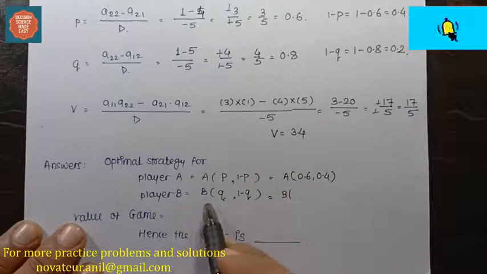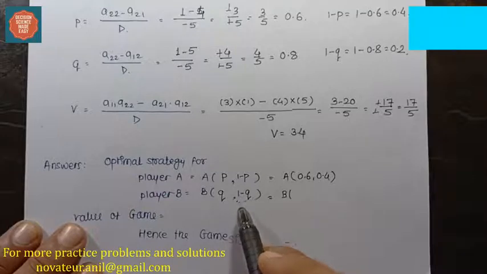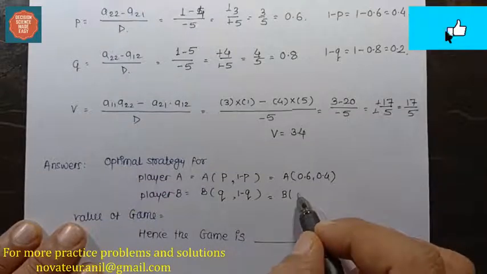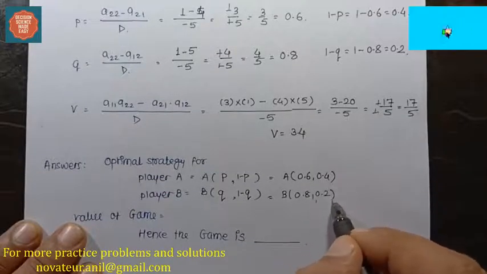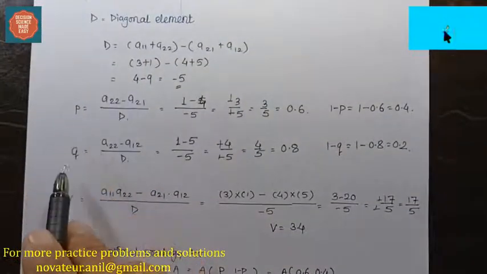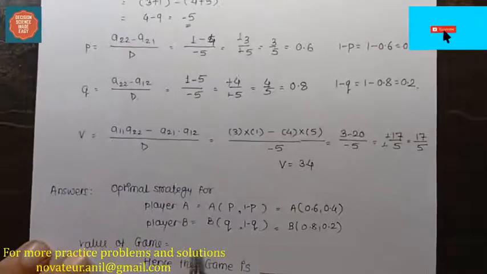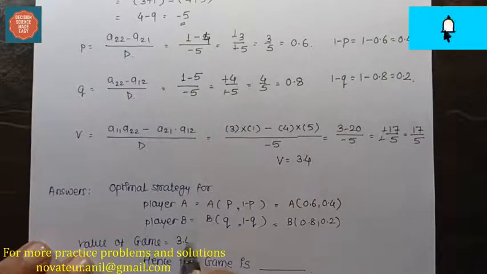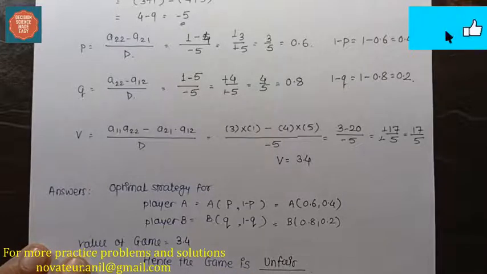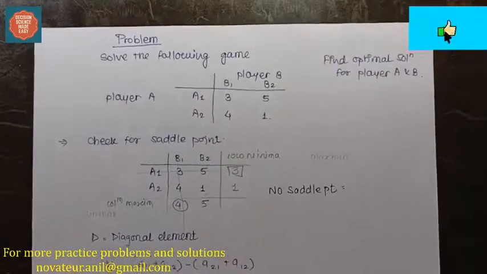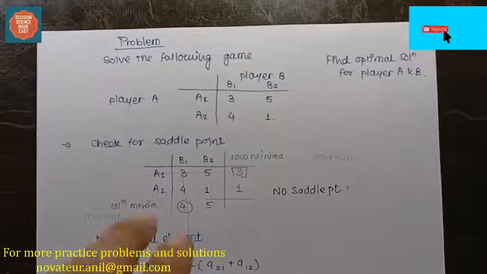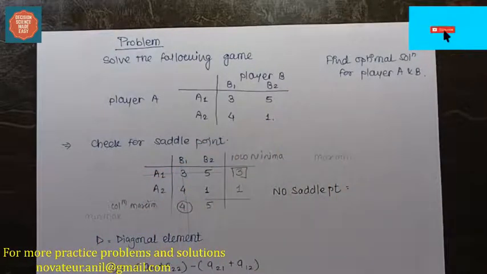For player B, it is Q, 1 minus Q, so the values will be 0.8 and 0.2. P and Q I got from these formulas. Value of V is the value of the game, that is 3.4. Since it is not equal to 0, we can say this is an unfair game. So this is how we solve a particular game theory problem when it is of mixed strategy nature.